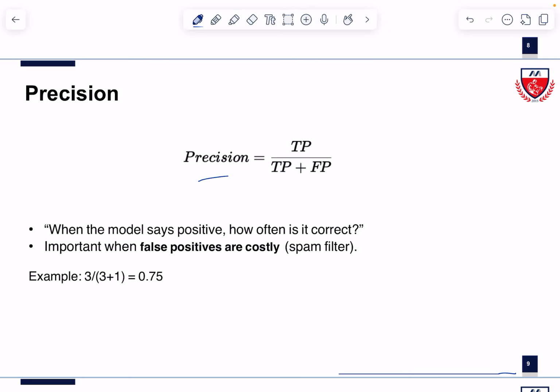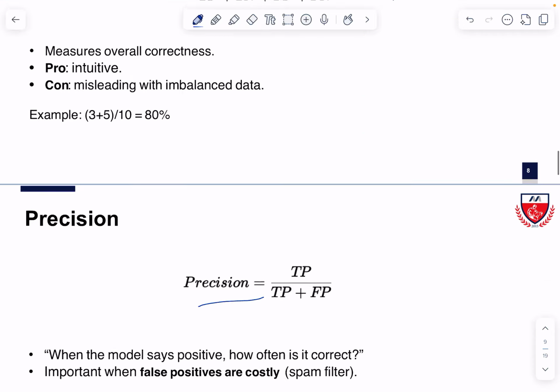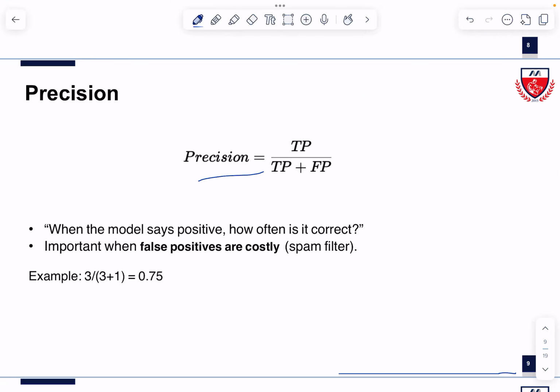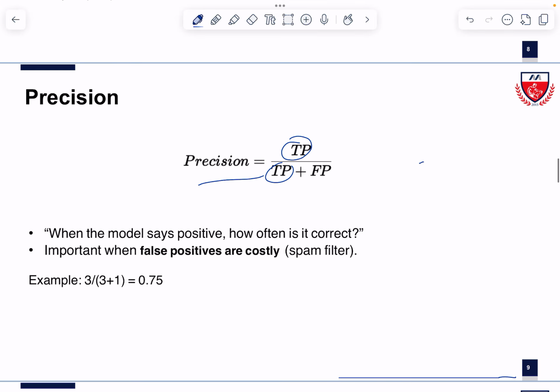And this is called the precision. So TP over TP plus FP, or the true positive over true positive plus false positive. So earlier we have 3, 5, and then 1, 1. And this is predicted positive, predicted negative, actual positive, actual negative, right?